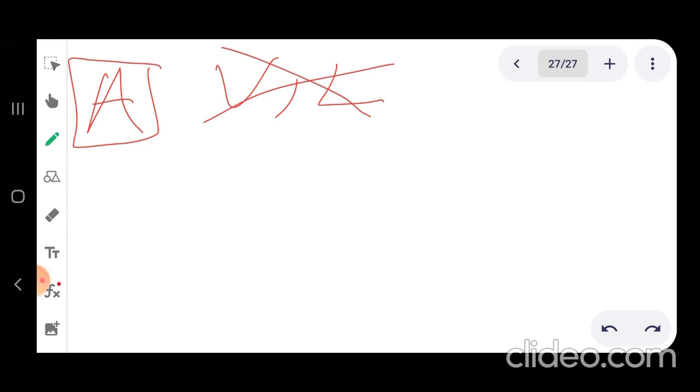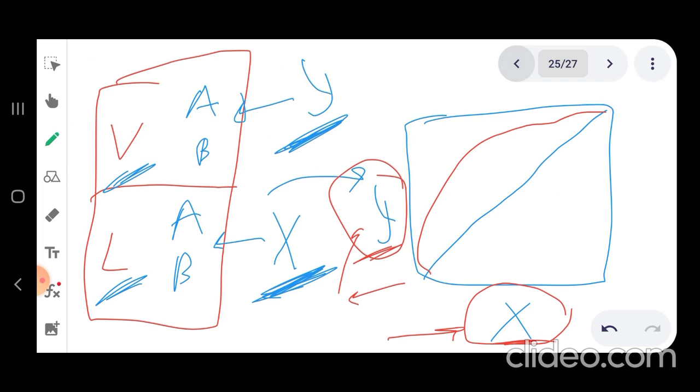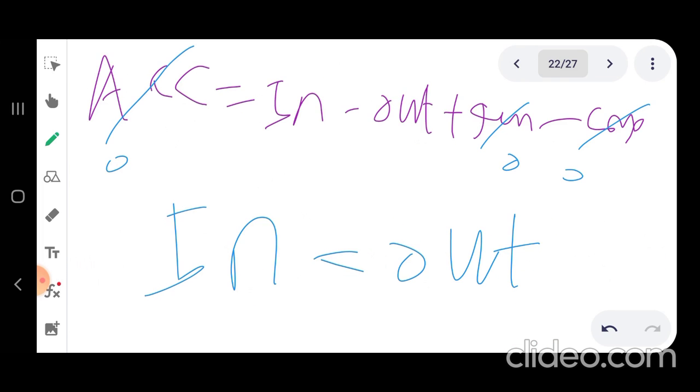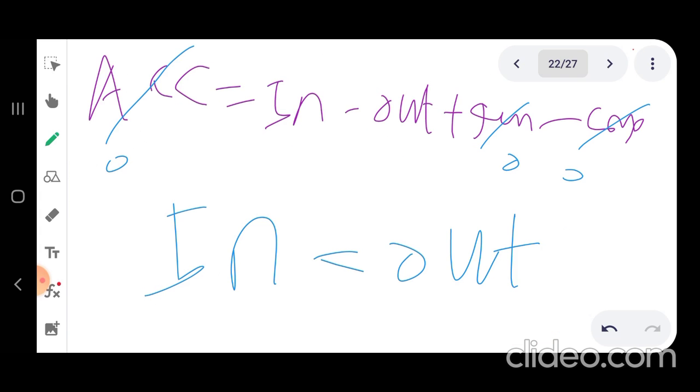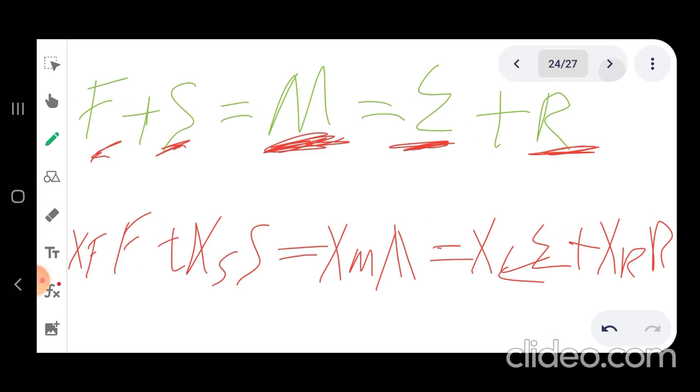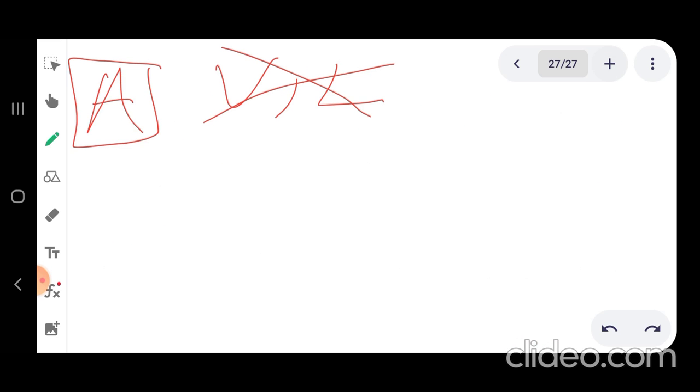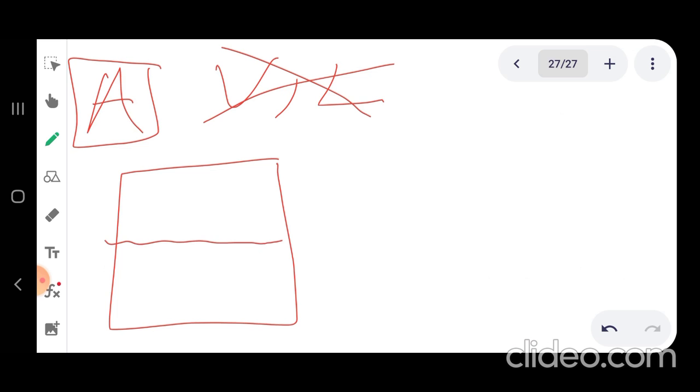But what are these two phases? Simply they are the extract and raffinate phases. So you have the extract phase and you have the raffinate phase.